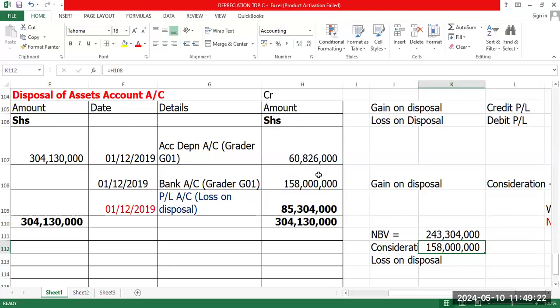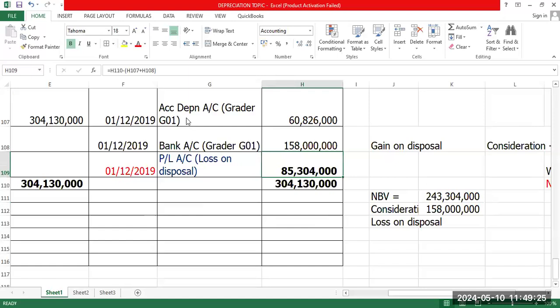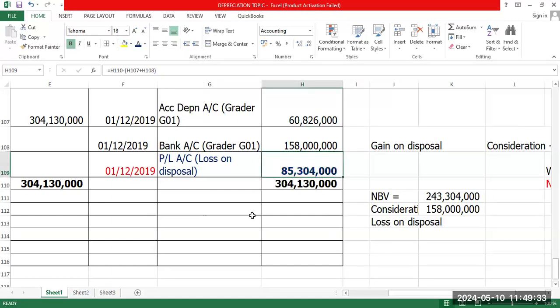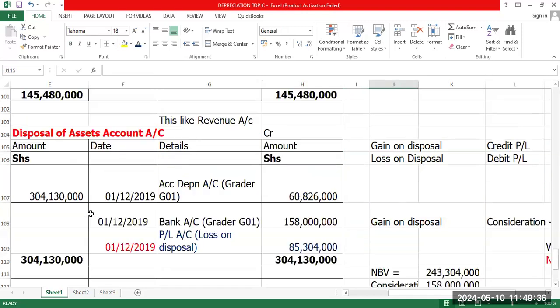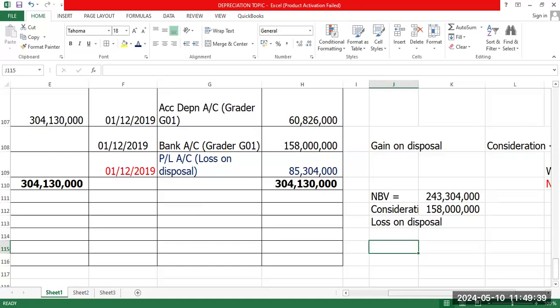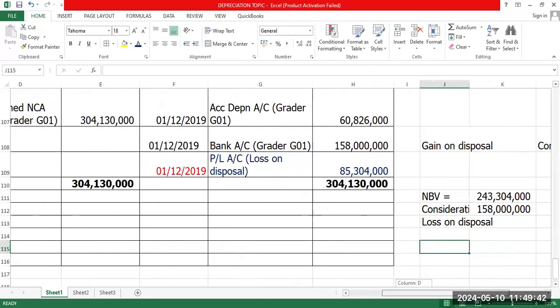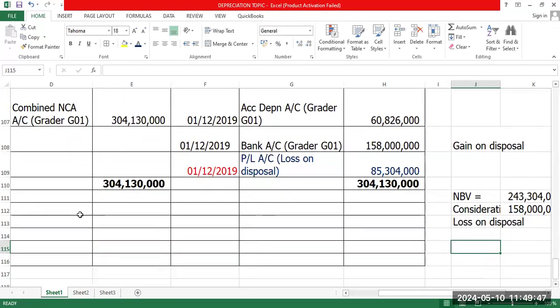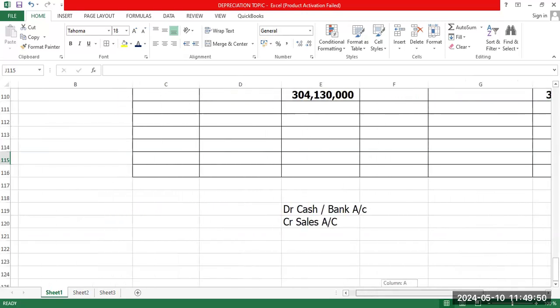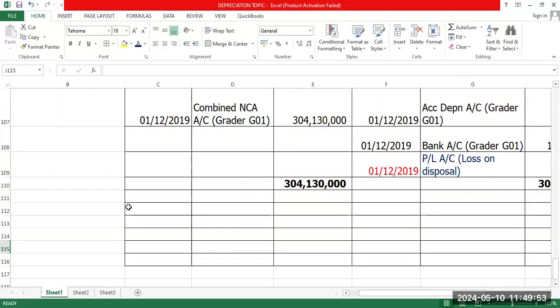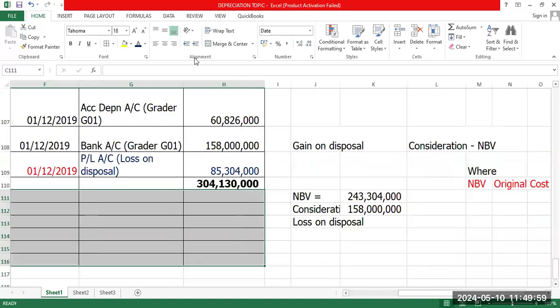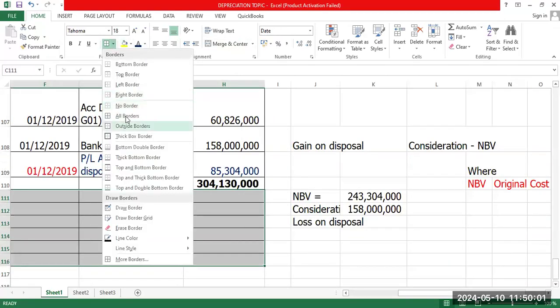The difference is this. And that's always the disposal account, because we only made one disposal. We only sold one asset. Even if the farm is not ours, we assume it is ours. We sold it. So any question on disposal account?